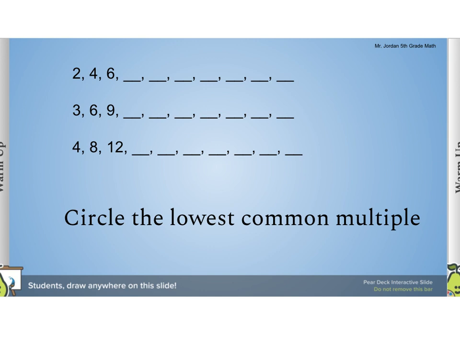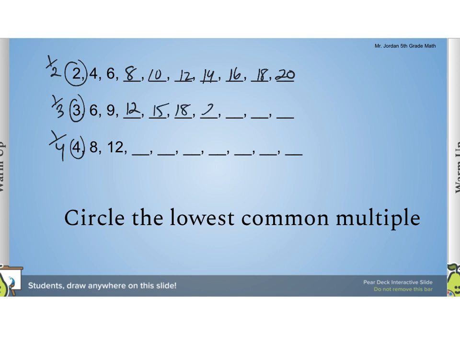The lowest common denominator of, say, 2, 3, and 4. If you have the fractions 1/2, 1/3, and 1/4, you find the multiples of 2: 2, 4, 6, 8, 10, 12, 14, 16, 18, 20. Multiples of 3: 3, 6, 9, 12, 15, 18, 21, 24, 27, and 30.